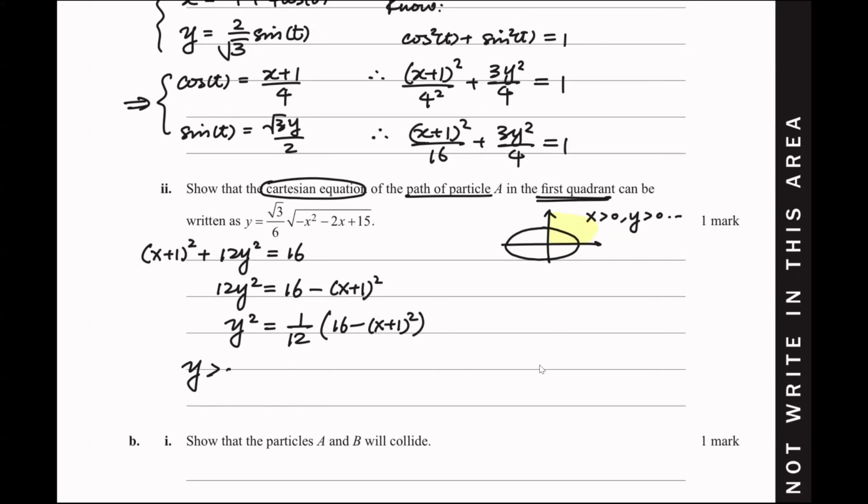Taking the positive square root, quadrant 1, I should be able to get y equals 1 over 2 root 3 times (16 minus (x plus 1) squared) to the power half. The first number is root 3 divided by 6.